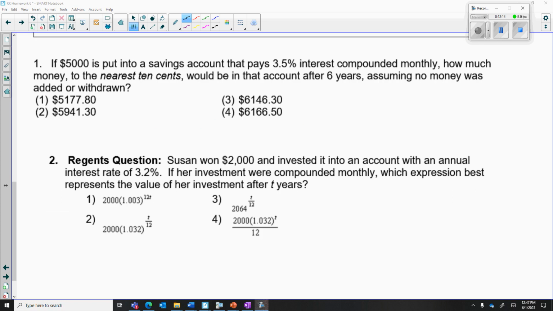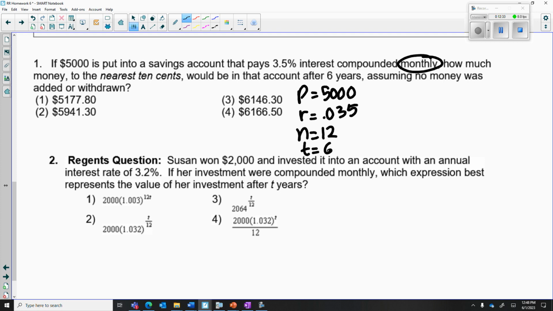All right, so let's go to some examples. Okay, 5,000 is put in the bank. That's the initial. The rate, 3.5%, so we want to make that a decimal. Compounded monthly, that's 12 times a year. And how much money are we going to have left after 6 years? So that's going to be the time. Okay. So first thing is I would underline where it says compound monthly.